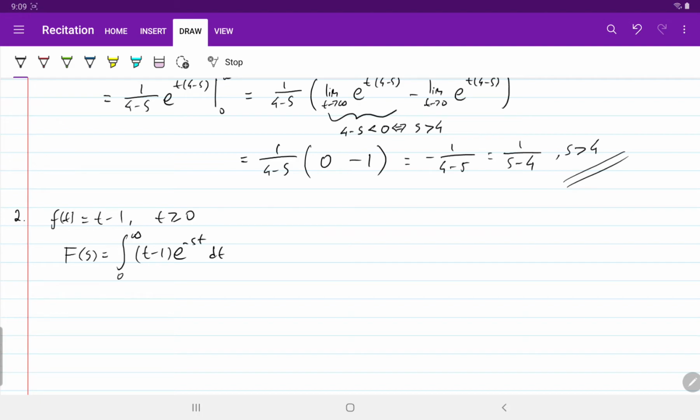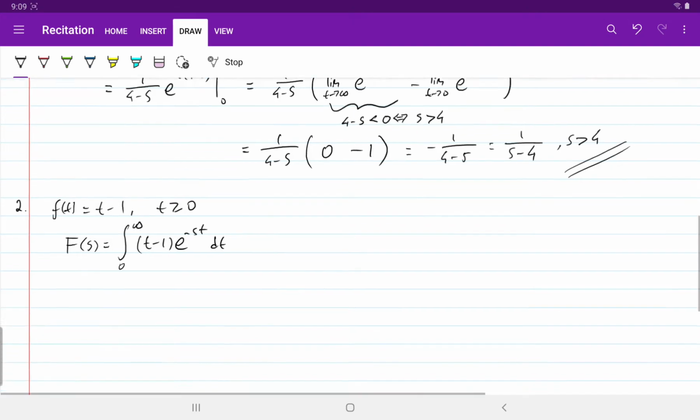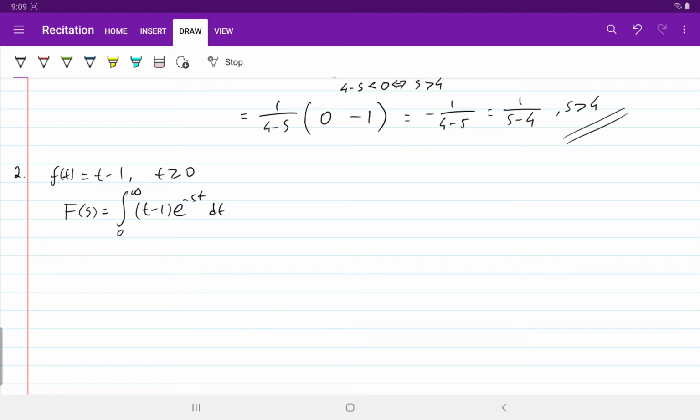Okay, for this particular form of integral, one of the easiest ways is to use integration by parts. All right. Okay, let's review integration by parts.